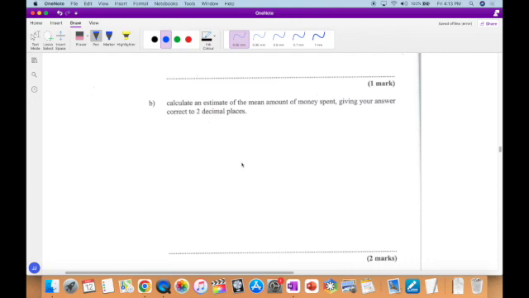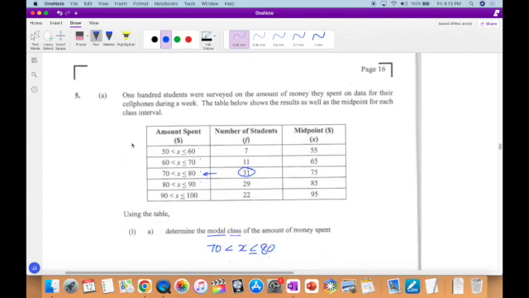Calculate an estimate of the mean amount of money spent, giving your answer correct. You see, there we go again. So we have the mean, and the mean is the summation of frequency times the midpoint all over the summation of frequency. So we have to go on our table now and get all of this.